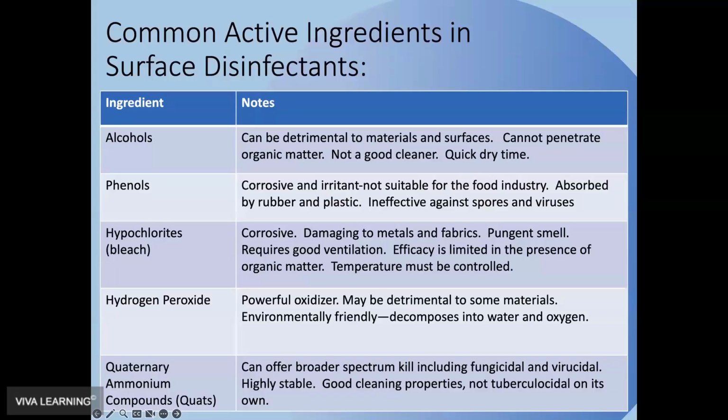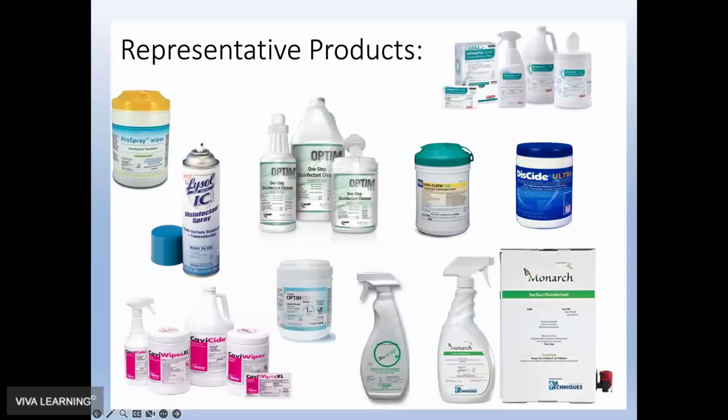And finally on the list, we have quat ammonias. These provide a broader spectrum, and they have good cleaning properties, but they're generally not tuberculocidal on their own. So generally they must be mixed with something. So there are pros and cons to all of the active ingredients, and make sure that your product is compatible with the surfaces you intend to clean and disinfect.